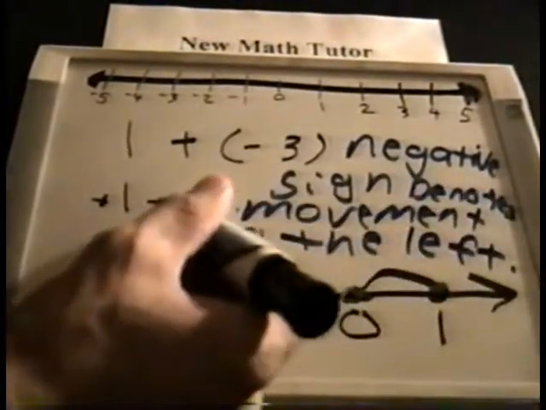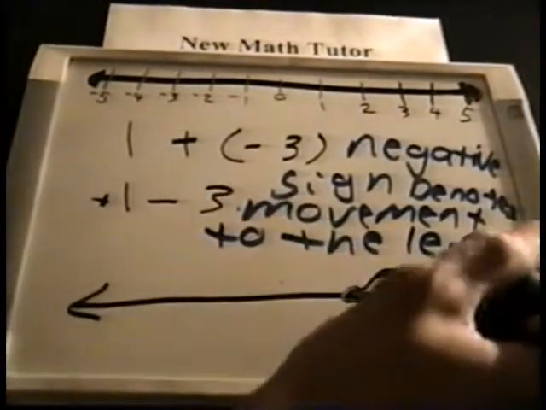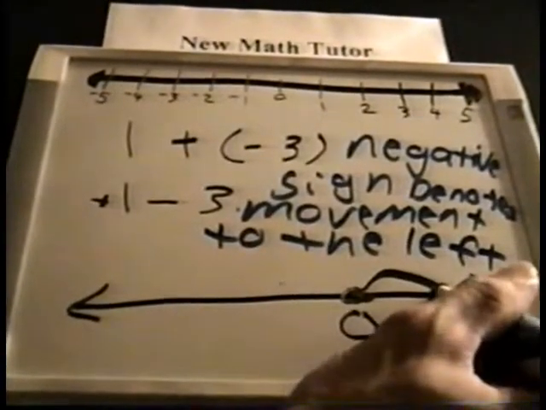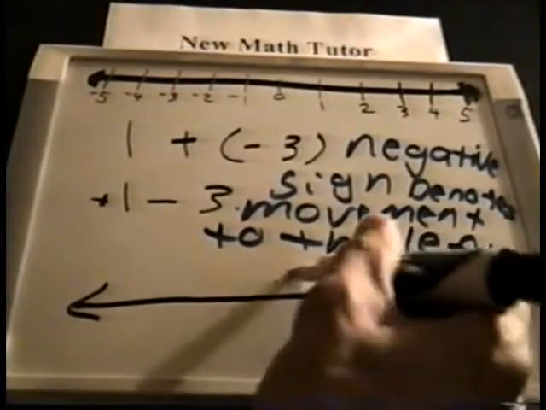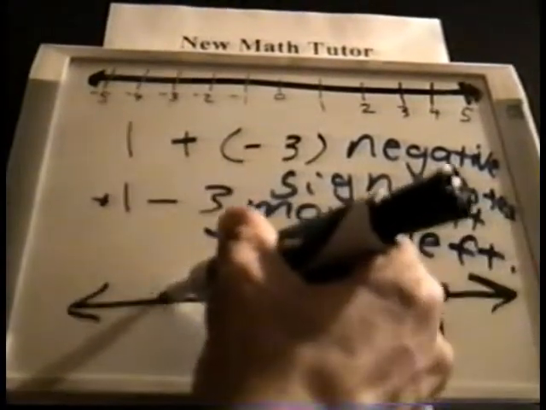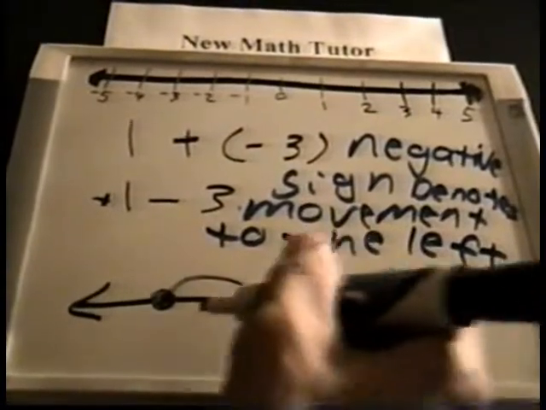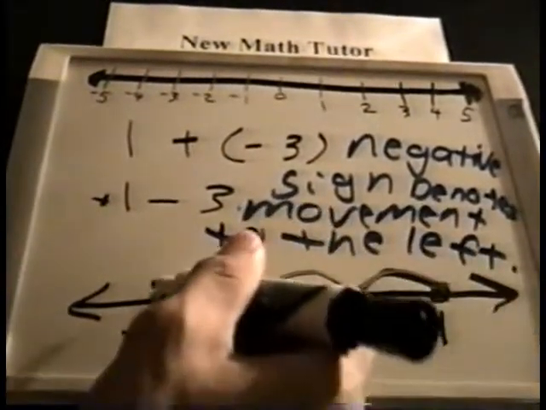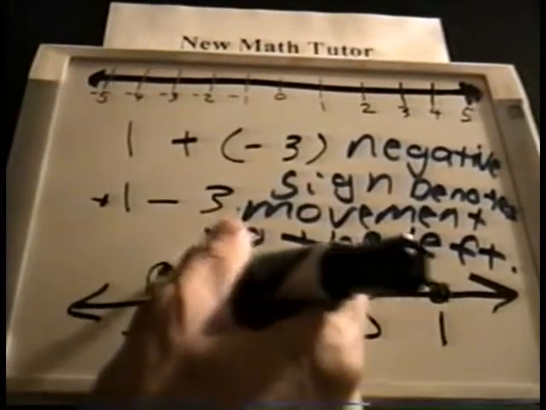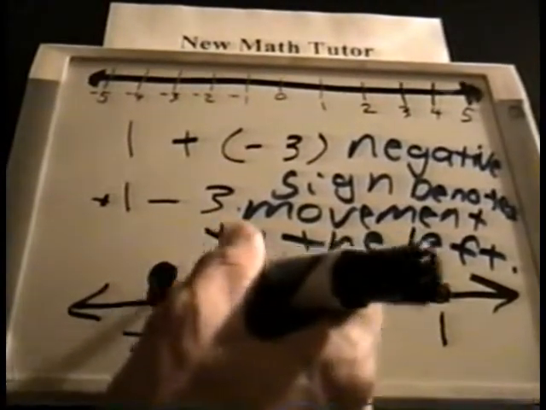Meaning here we start with 1, a positive 1. So we move right from 0 to our first marking. And then we move left from where we are now at 1, 3 times. So 1, 2, 3.